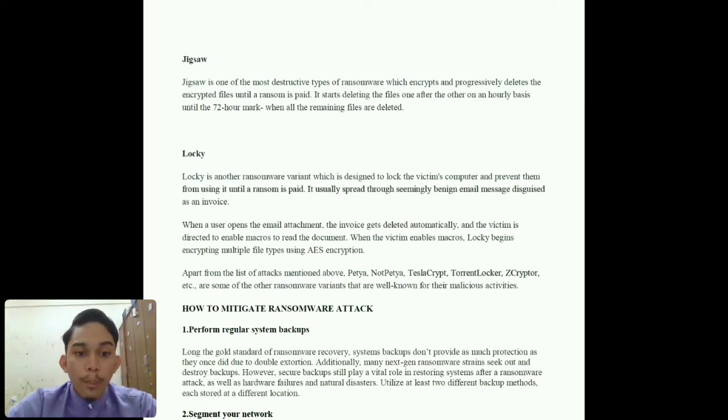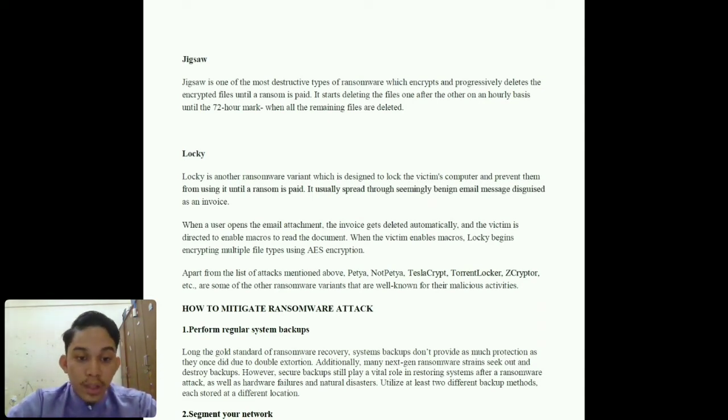When a user opens the email attachment, the invoice gets deleted automatically, and the victim is directed to enable macros to read the document. When the victim enables macros, Locky begins encrypting multiple file types using AES encryption.